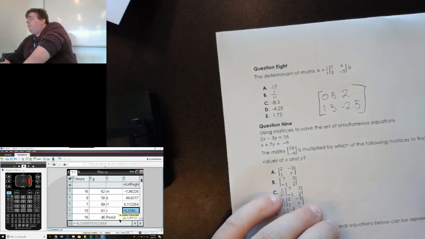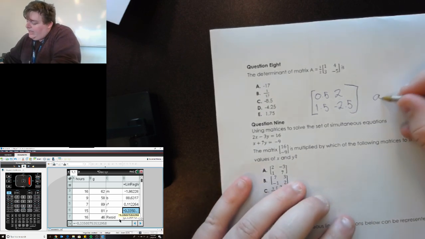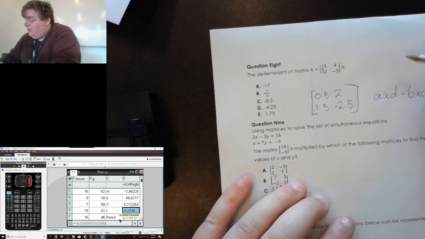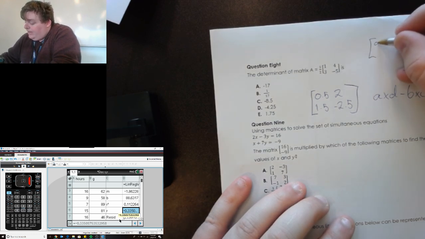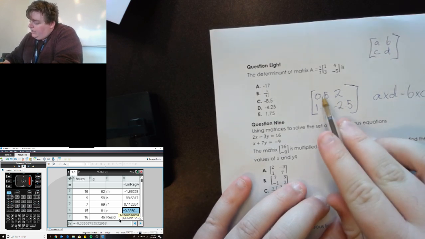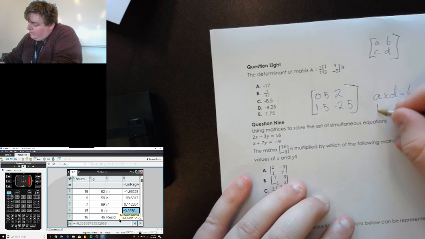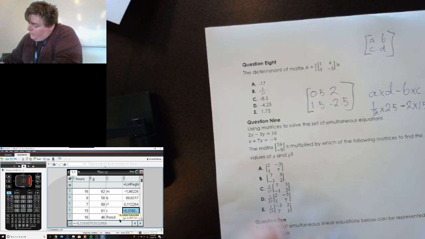And then remember, the formula for the determinant is A times D minus B times C. And if you're not sure about that, these are where you get the values from, right? So A is 0.5, so a half times D, which is 2.5, minus B is 2 times C, which is 1.5.